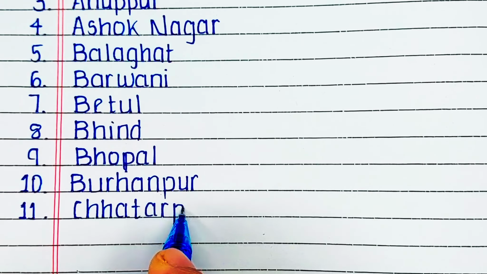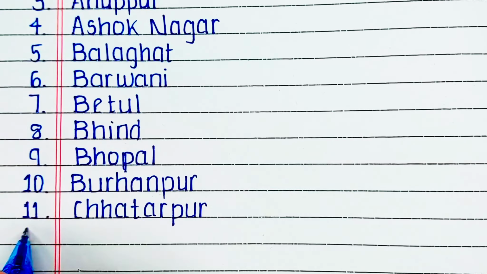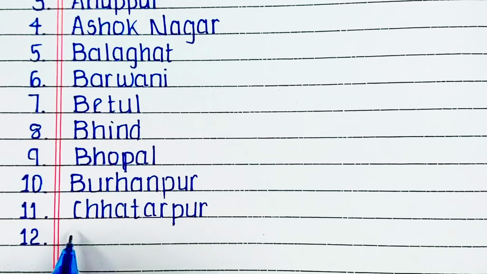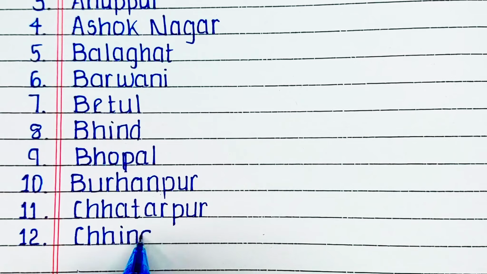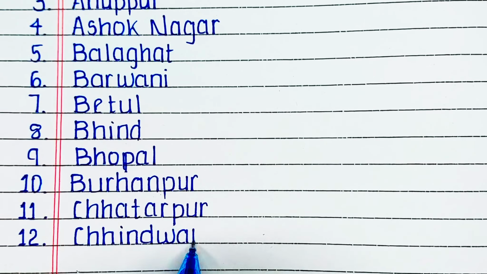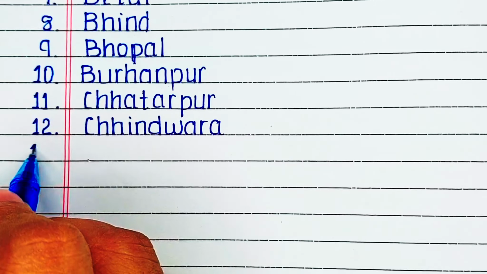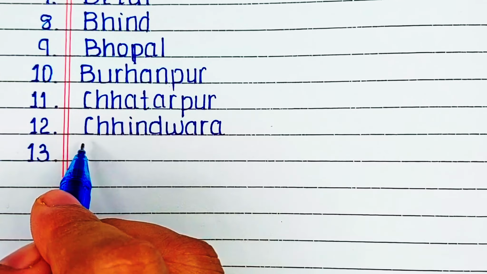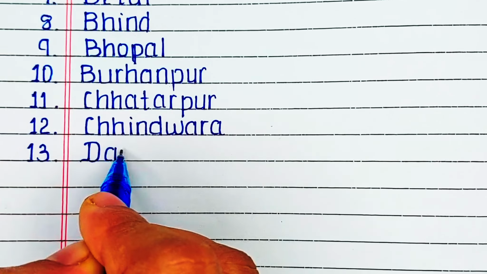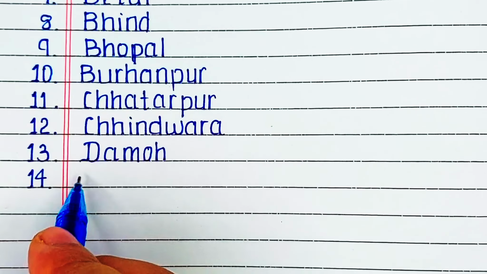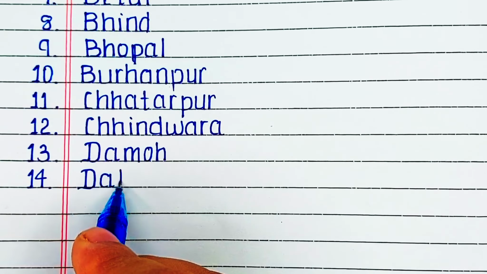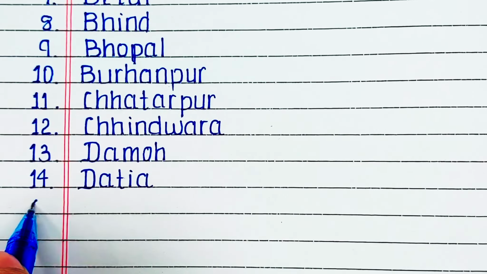Next district is Chhatarpur. Next district is Chhindwara. Next district is Damoh. Next district is Datia.